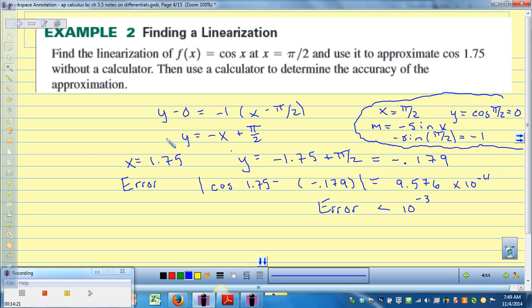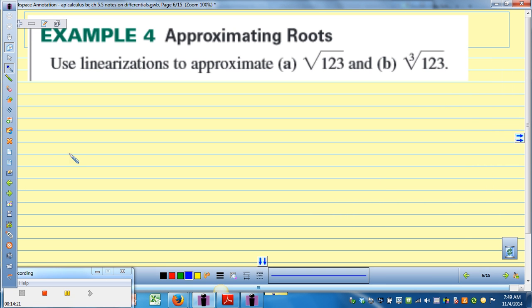Okay. All right. Next, we're going to use it. This, I think, is a really nice use of linearizations or a tangent line approximation. That's the other way you'll hear this said, a tangent line approximation. Use a linearization to approximate the square root of 123.